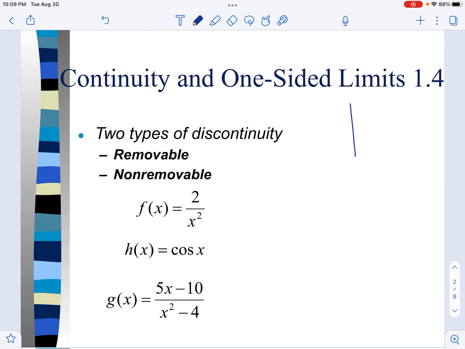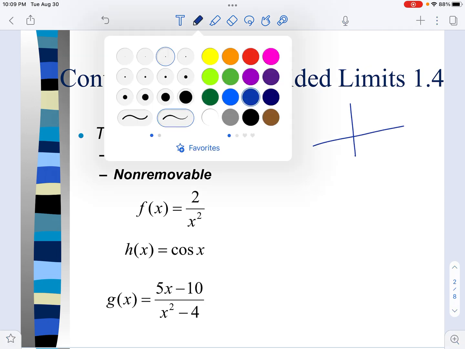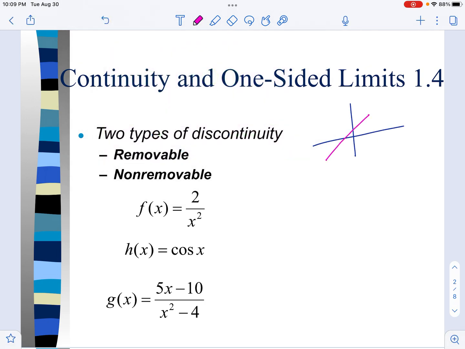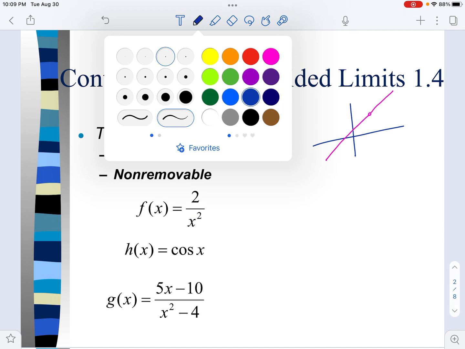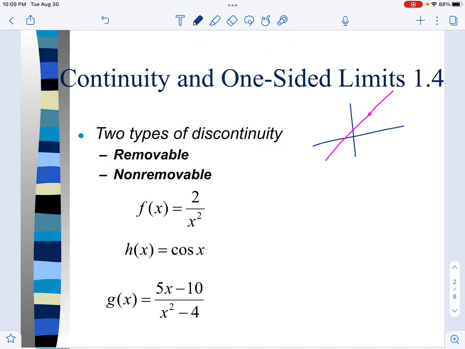If we looked at a graph of a line that has a little hole in it, a removable discontinuity means that if I put one dot there, that would make it continuous. By putting that dot there, I have made that a continuous function. That's what we think of as a removable discontinuity.